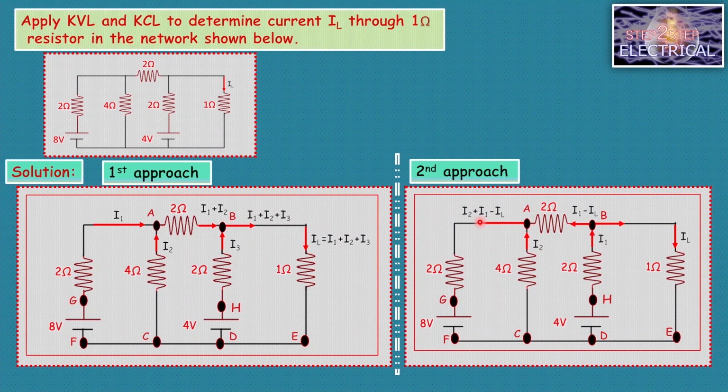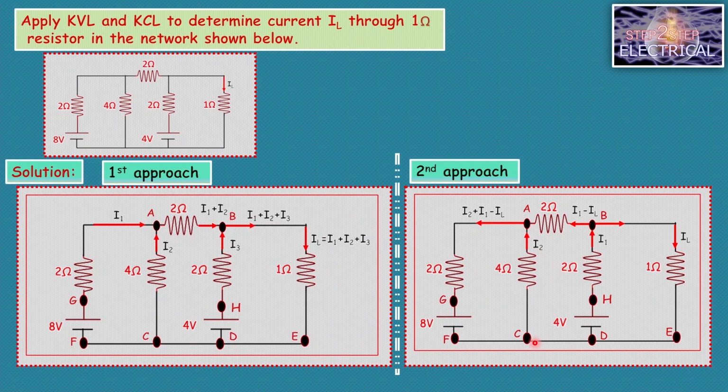This is our second approach. In both of these approaches the number of loops is the same, but in the first approach we assumed I1 and I2 are currents which enter the junction A. But in the second, as we start from here, through branch DHB, I1 current passes and enters the junction B. At B, IL leaves the junction, so the total current which will flow through this BA branch is I1 minus IL.